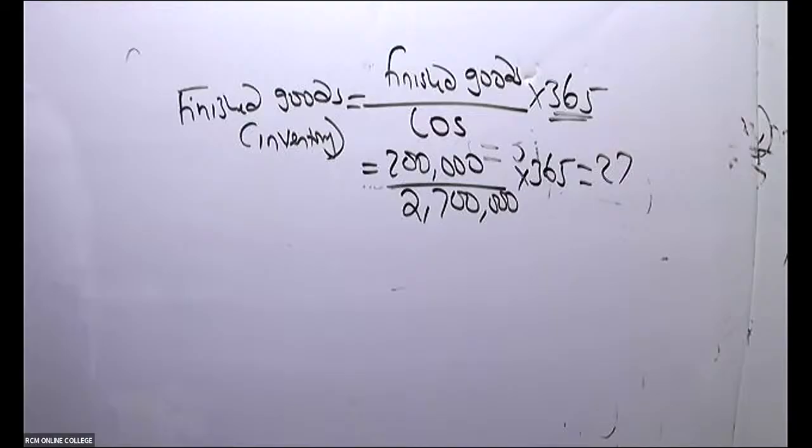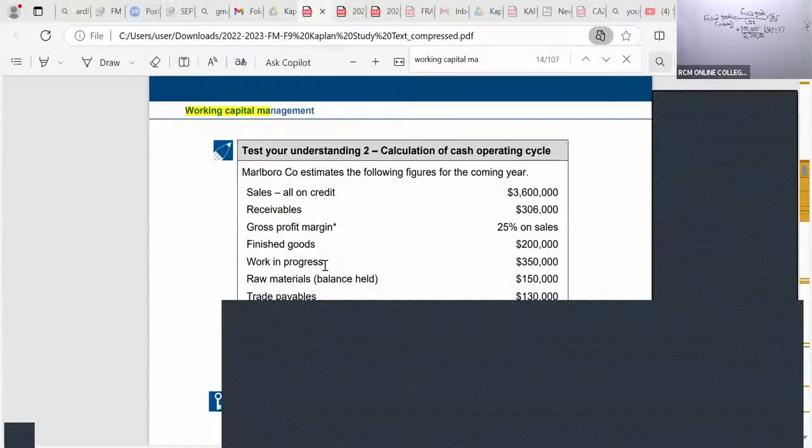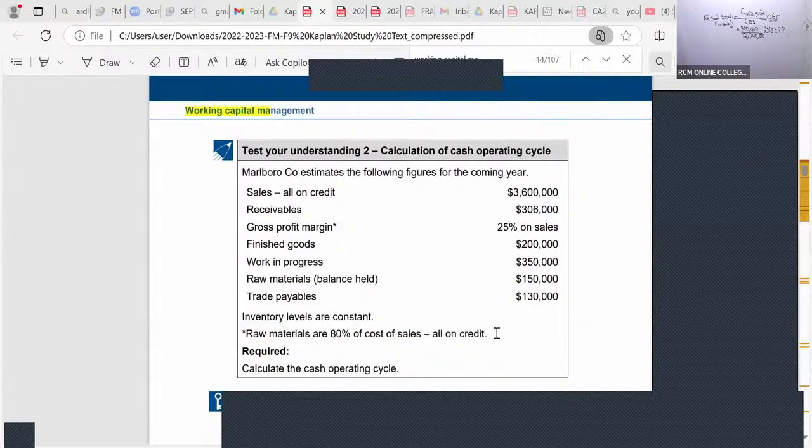Now, from there, ladies and gentlemen, you will come here. You simply move slowly. Work in progress is part of an inventory. I'll get all the marks very easily.